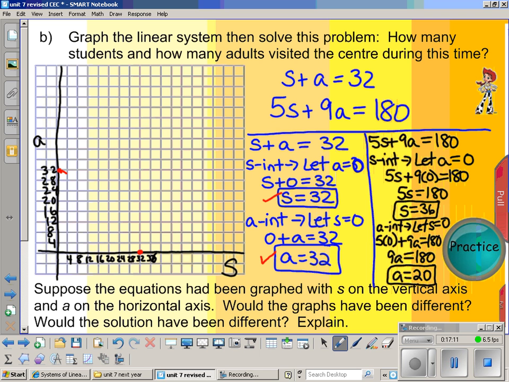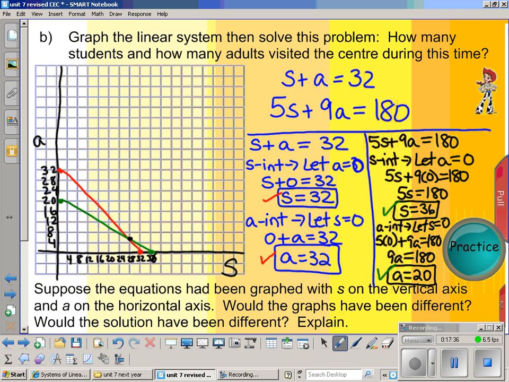Now remember, we're talking about people. We are going to make an estimation because it didn't fall on an intersection of the grid. What we do have here is 28 students. And remember, there was a total of 32. So our estimation now should be fairly accurate because we would have to have 4.